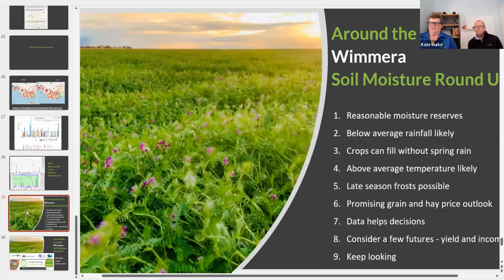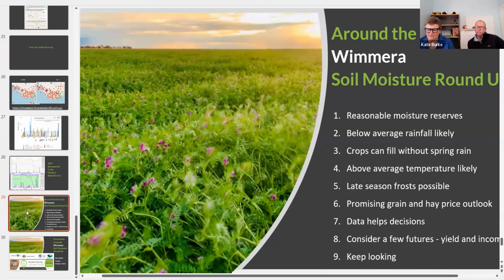And I guess just to finish up, these are sort of the 9 things that I've taken out of this. In a lot of cases there are reasonable moisture reserves. Clearly there'll be paddocks for whatever reason that won't be the case, but the signs are promising for the ones we've looked at.